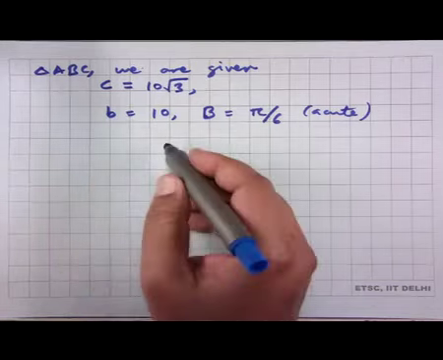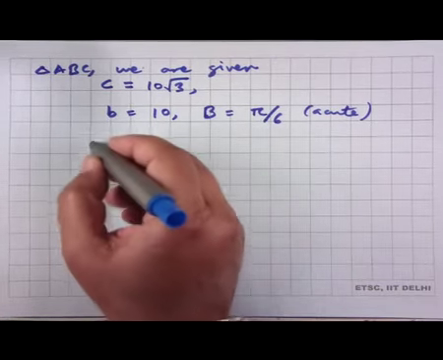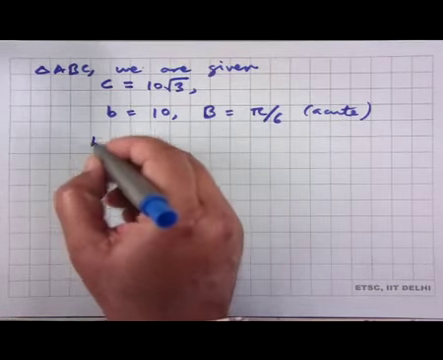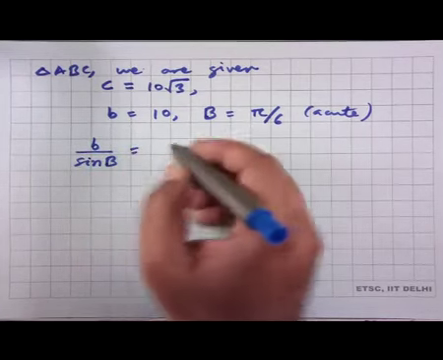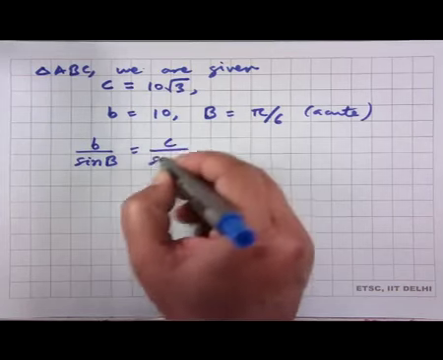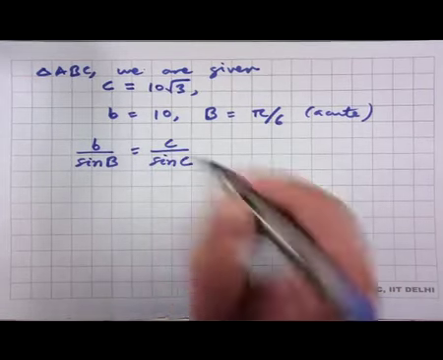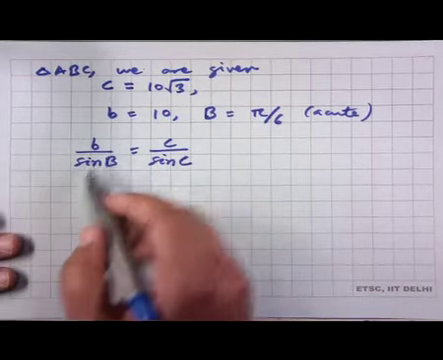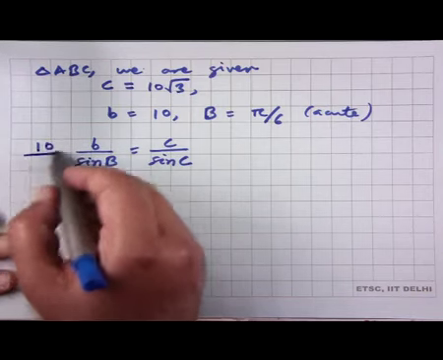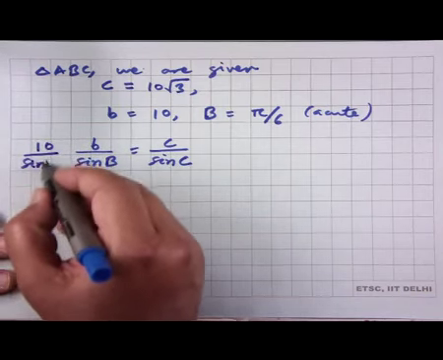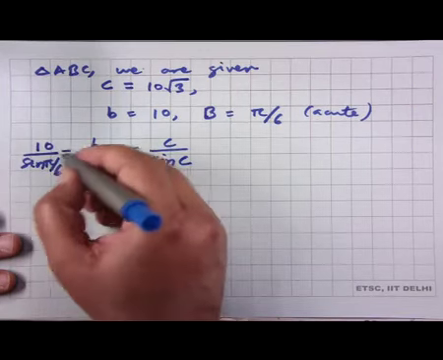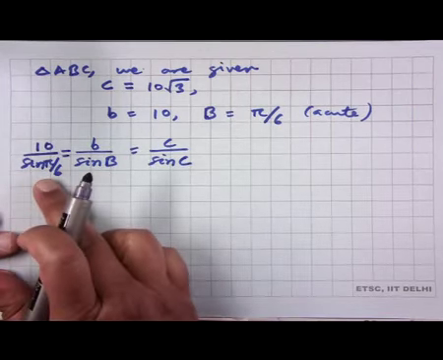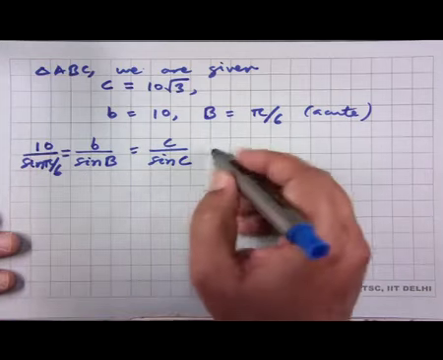Of course, if we apply the sine law, then we have b by sine B is c by sine C, but b by sine B is 10 by sine pi by 6. Sine pi by 6 is half. So, this is equal to 20.